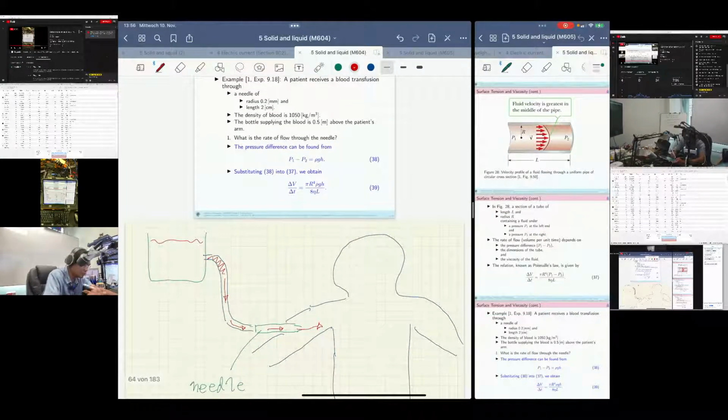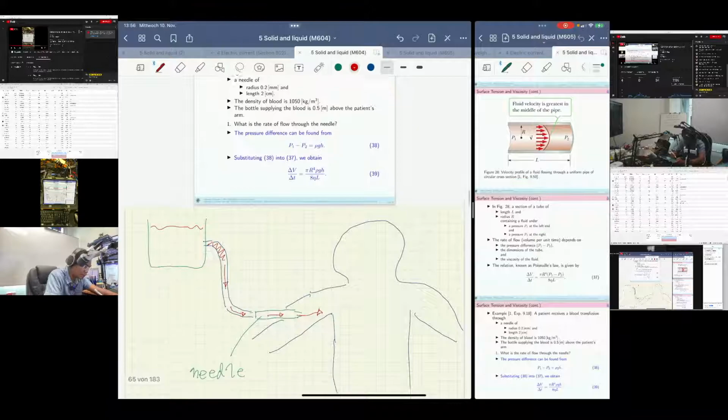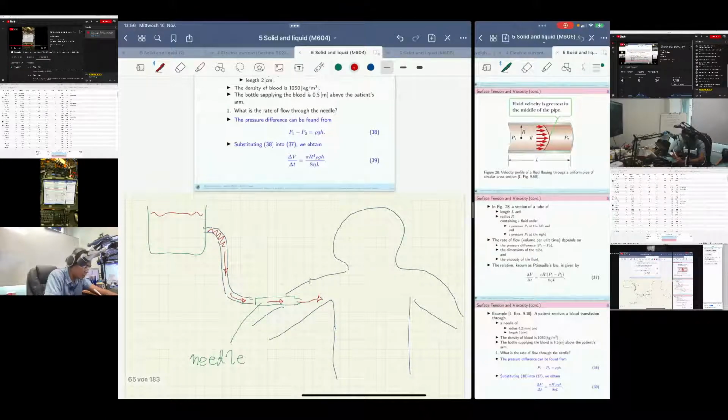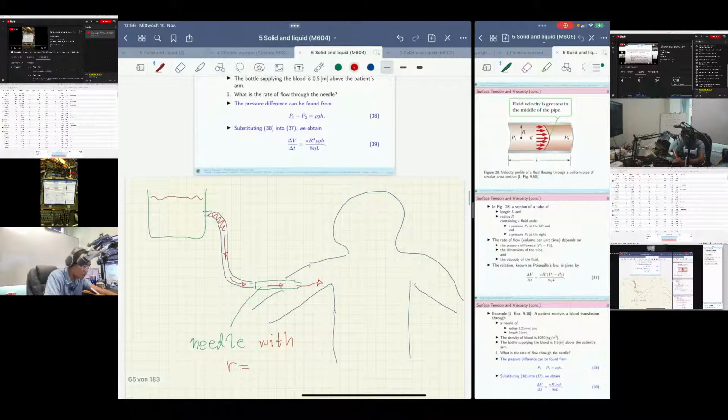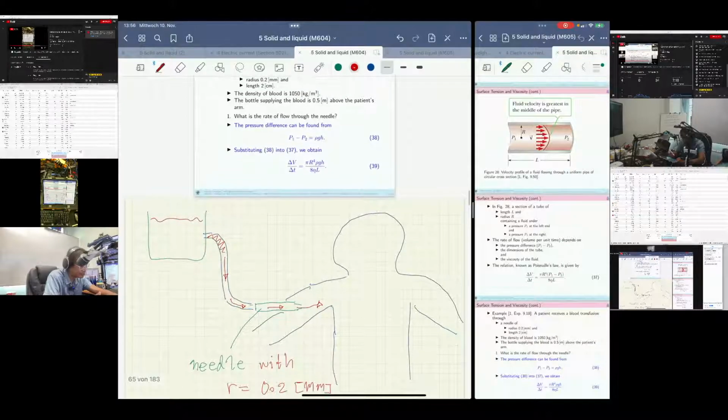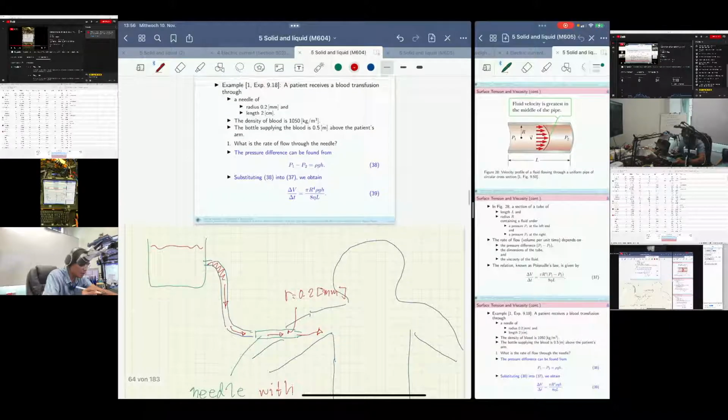The radius of the needle, R equals 0.2 millimeter. The radius like this is R, 0.2 millimeter. And what else?